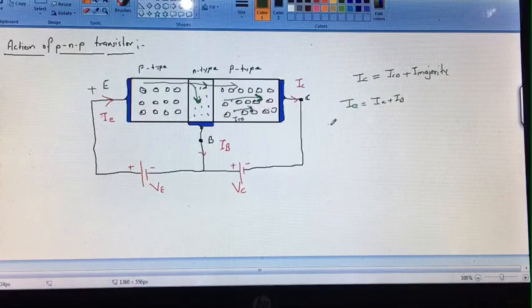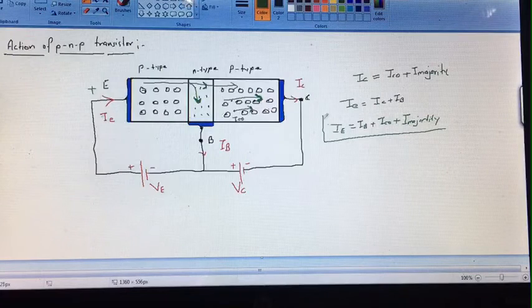So that's why IE is equal to IB plus ICO plus I of majority. Here no need to discuss about reverse leakage current because we know that a small amount of current will flow due to minority charge carrier present inside the collector region, which is known as reverse leakage current.